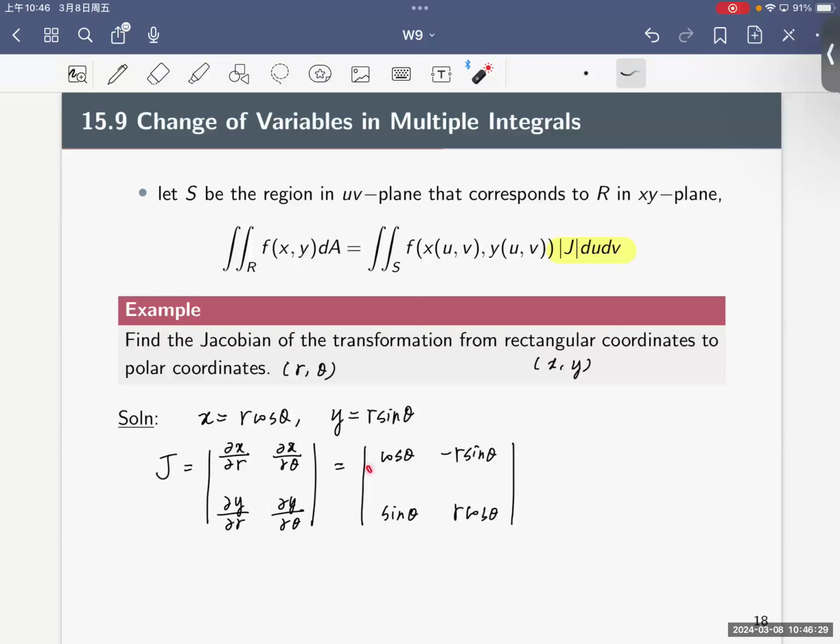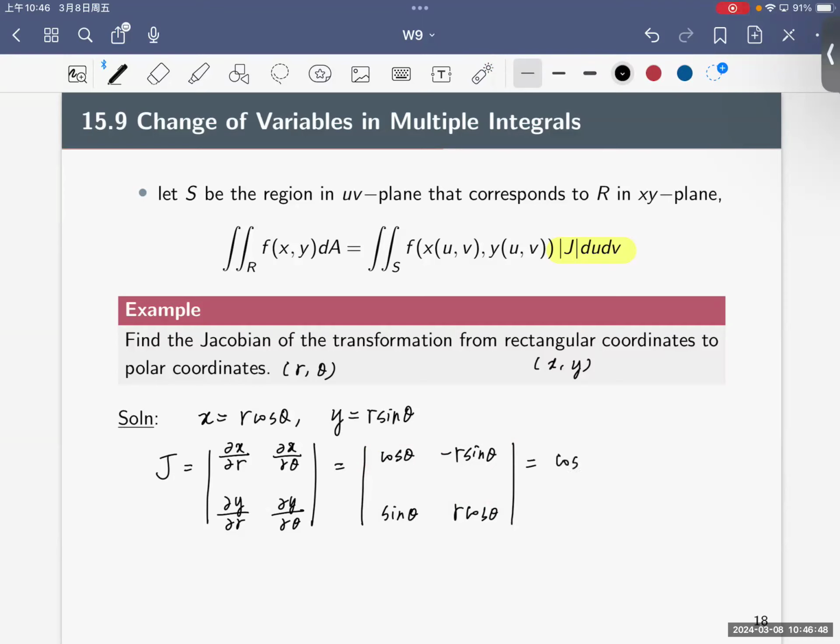I need to multiply these two and then minus the product of these two. This is how you evaluate a second order determinant in your applied algebra.